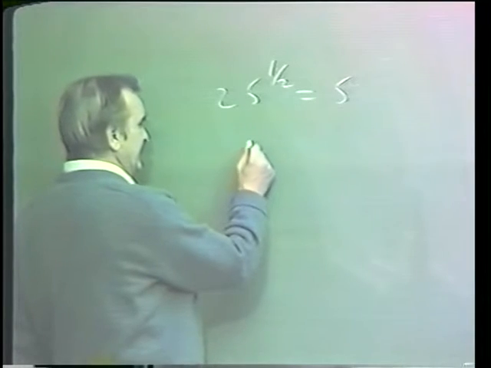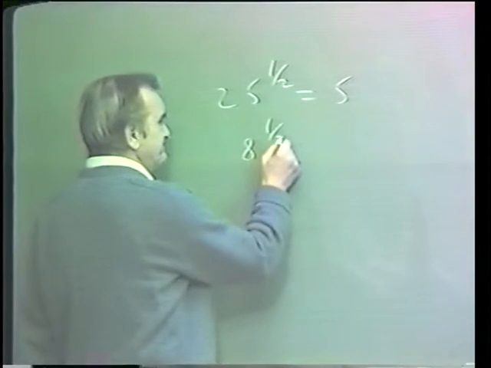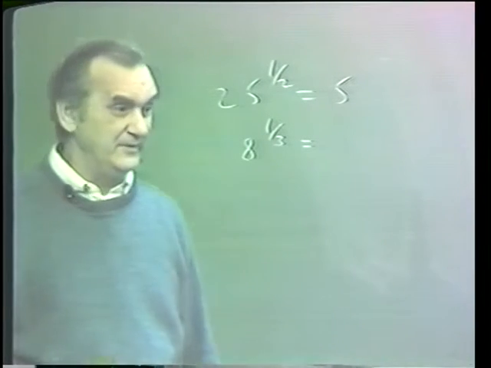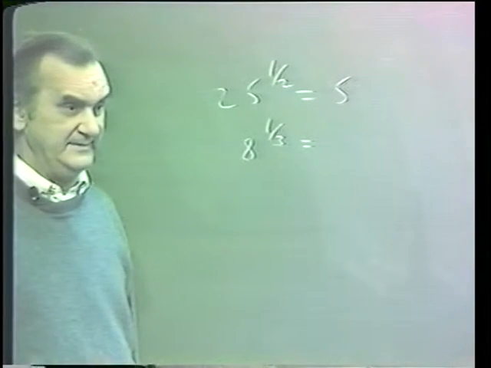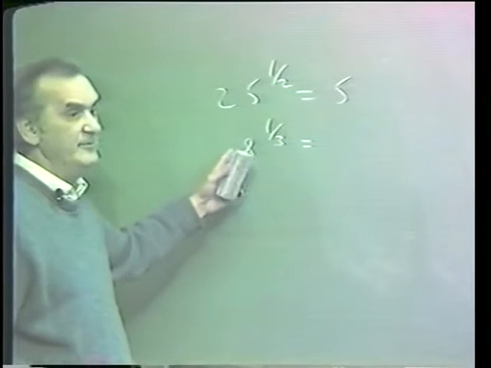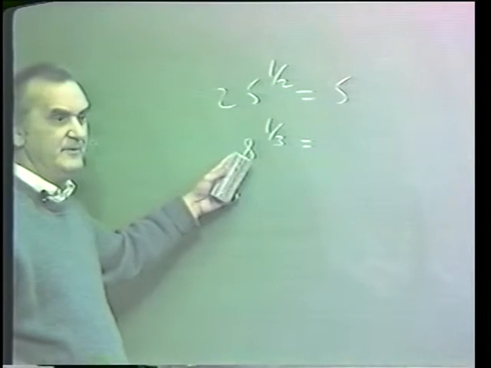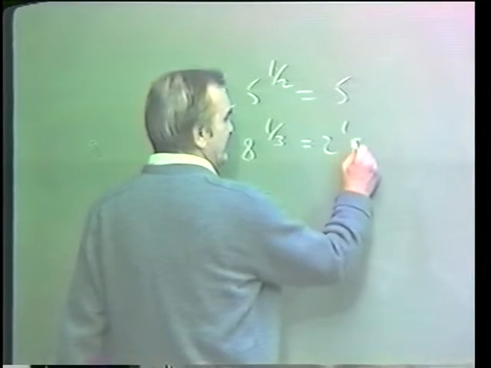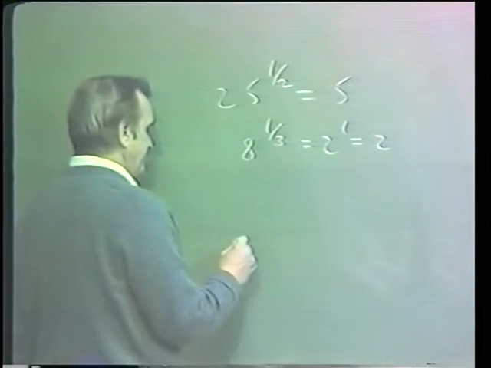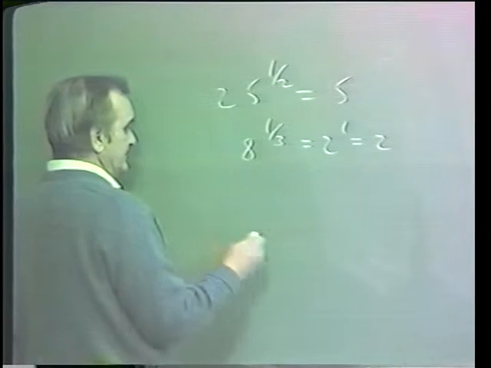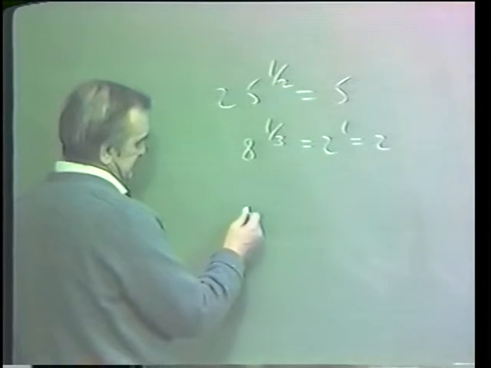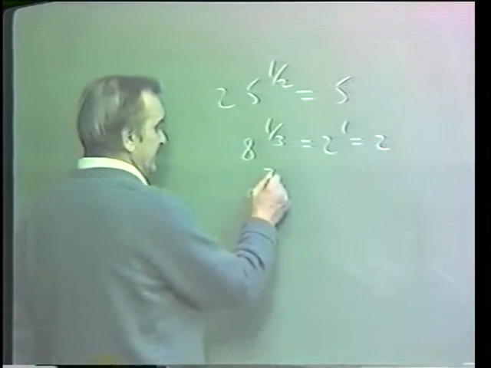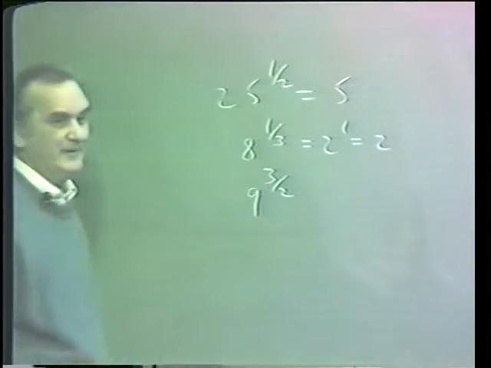Let's suppose we have 8 to the 1/3 power. 2? Everybody see 2. It says take the 3rd root of 8. The 3rd root of 8 is 2. Raise it to the 1st power, you get 2. Let's suppose we have 9 to the 3/2 power.